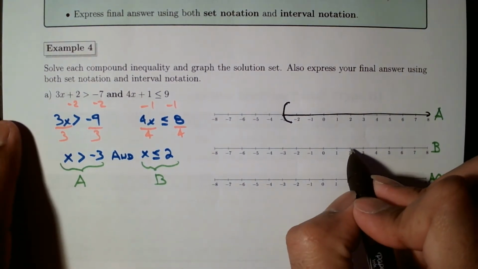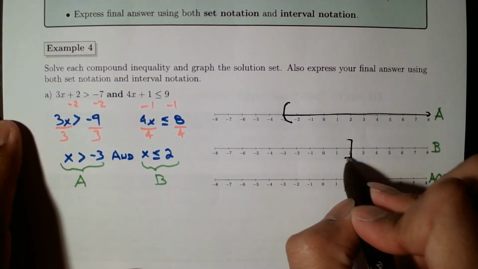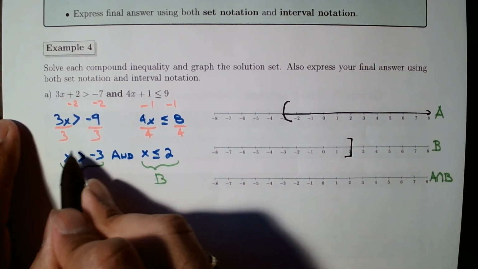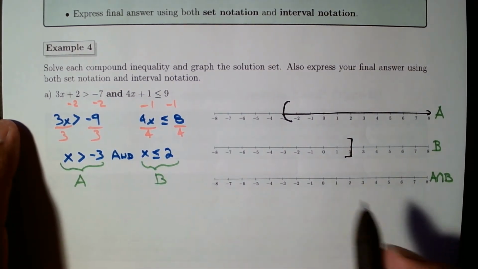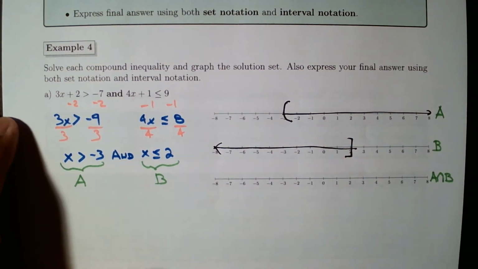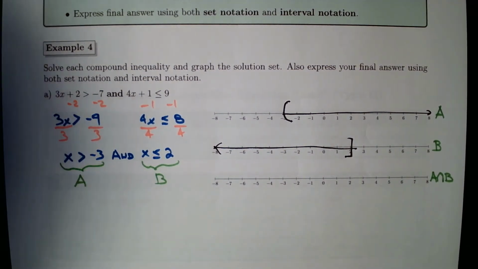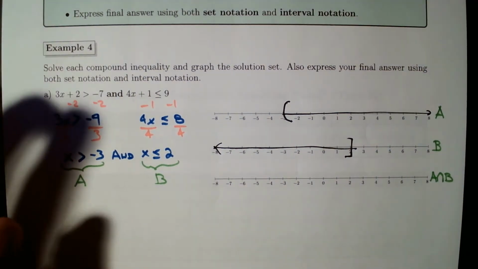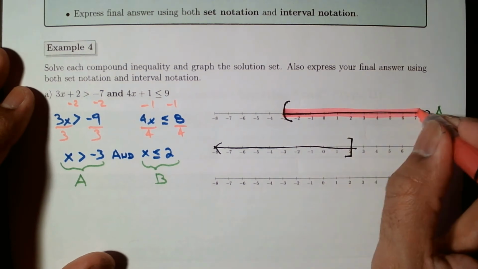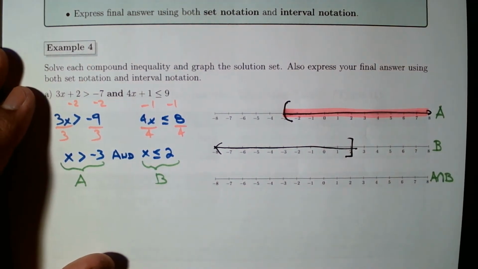I'm going to go to the number 2, but with brackets, because we have the equal part, as opposed to the other set. So let's put these two together, but not before shading first.